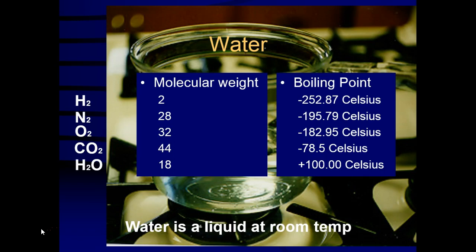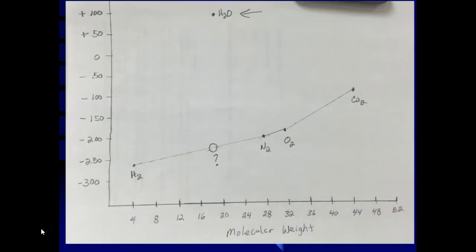So for all intents and purposes, water is weird. It really should be a gas at room temperature. It should have a very, very low boiling point, around minus 200 degrees Celsius. In fact, just to show you, I made a simple little graph and took a picture of it.